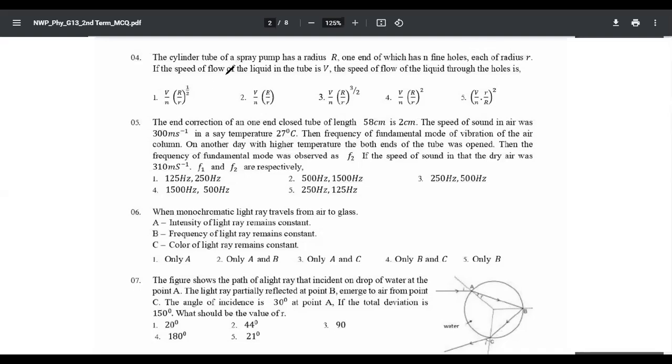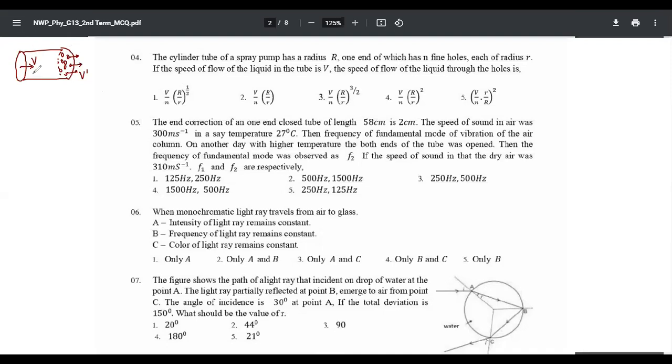This is the gun, so here it's like this, and the other end has another opening like this, and there are small holes in that. Here you will have a flow with speed v, and out of each of these holes the liquid will come out at a different speed. I'll take it as v dash. And there are n number of holes.